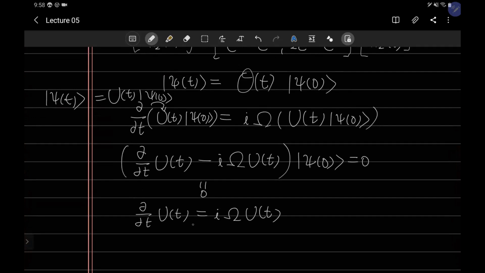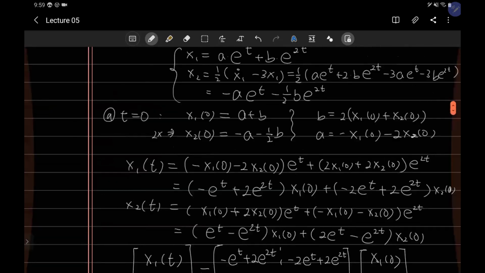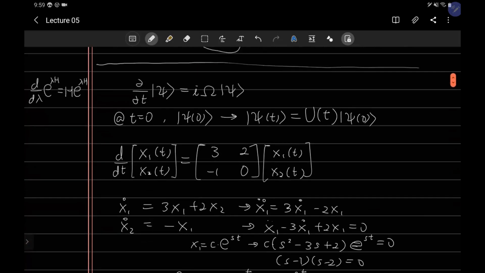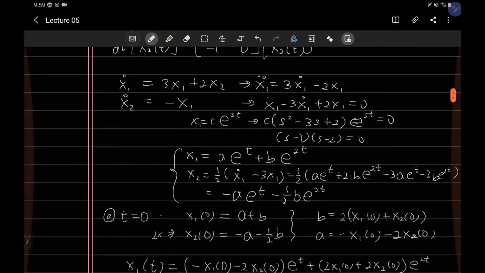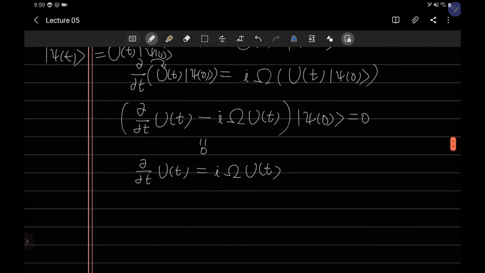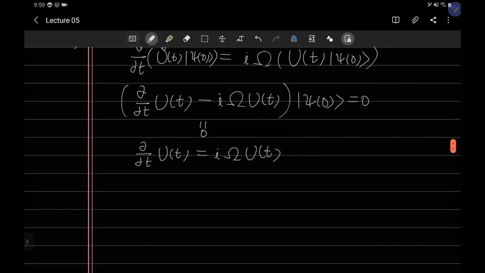And can you guess the solution of this operator differential equation for the operator? Well, we already saw this kind of relation, which was over here. So if you remember this one, then the solution of this equation should have the form of the exponential.